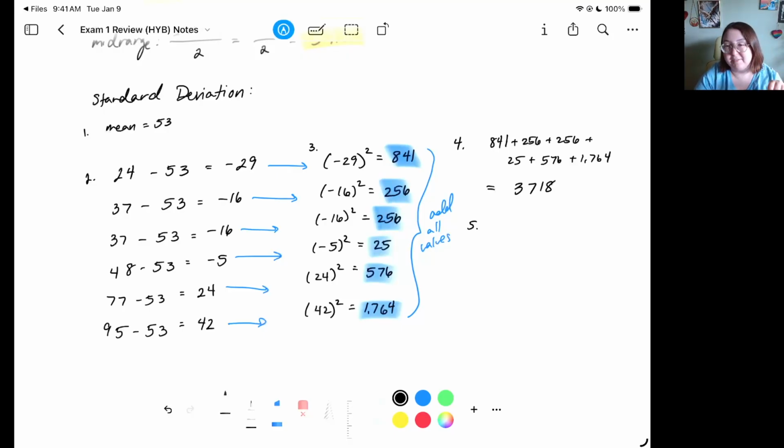Step 5 is that we are going to divide that number that we got from step 4, 3,718, by n minus 1. N is the number of values you started with.